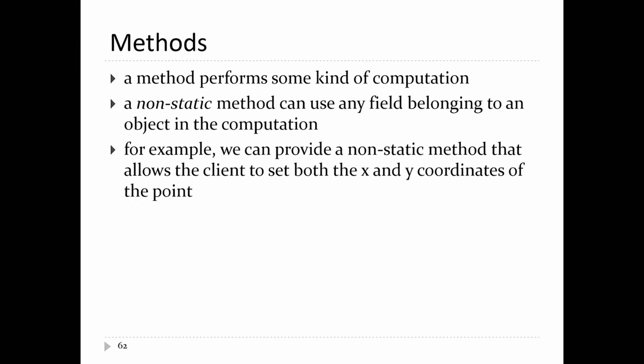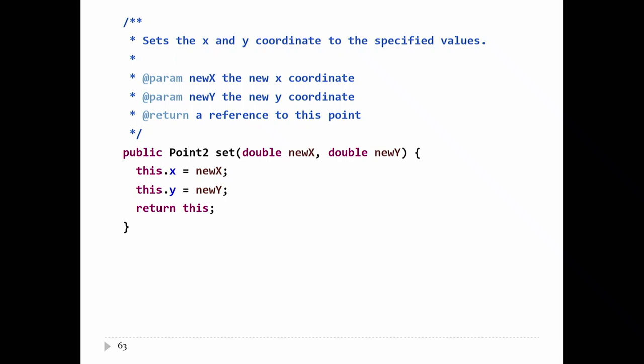When you make a method and it's not static, that method is allowed to access any field belonging to an object. For example, I can provide a method that allows the user to set the x and y coordinates of a point. Inside the Point2 class, I'm going to create a method called set.